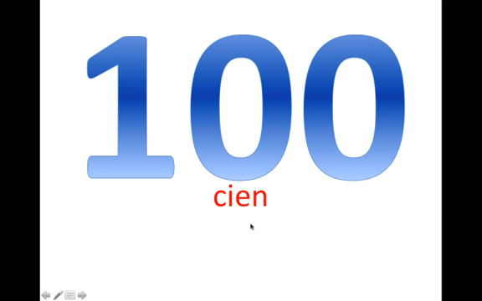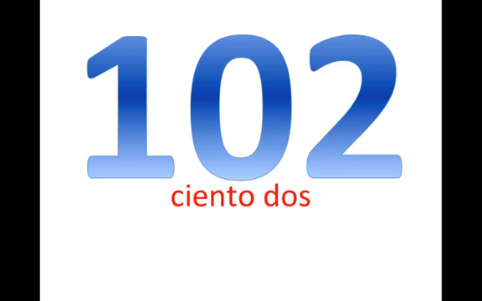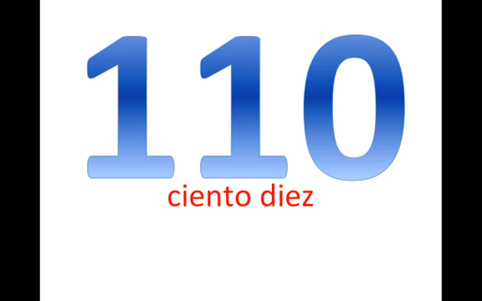We go from 100 to 101, and see if you can guess what the next number would be. 102. And the pattern continues on and on and on. 103, 104. Here's another example. 110. Beyond that, we'd have 111, 112, etc.